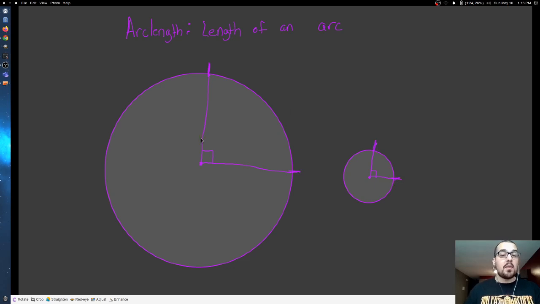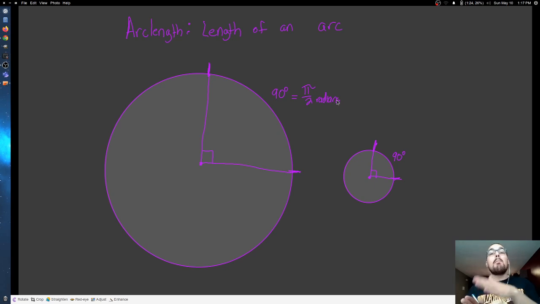Well, hopefully you remember that a central angle has the same measure of the arc it subtends, meaning this arc is 90 degrees and this arc is 90 degrees. That is the degree measure of those arcs. And by the way, that's the same thing as saying you have pi over 2 radians in both cases. That's the measure of the arc, not in its length, but in its central angle measure.